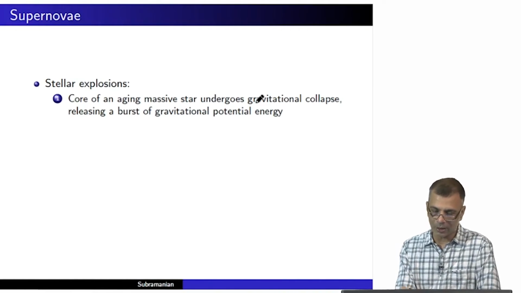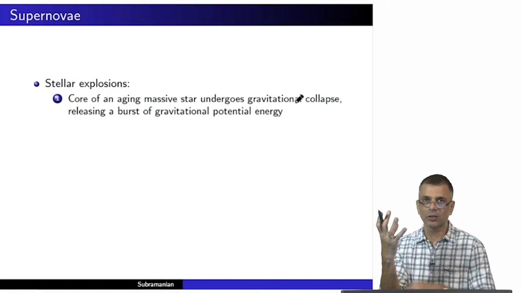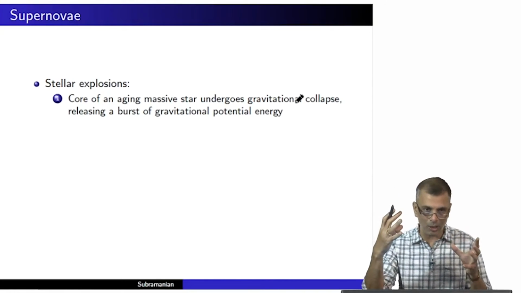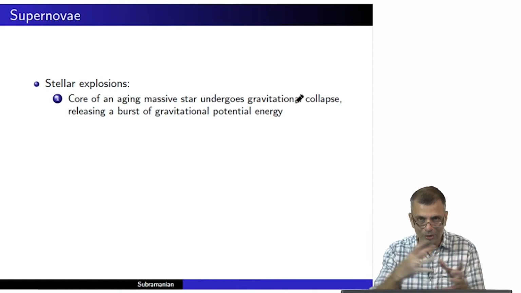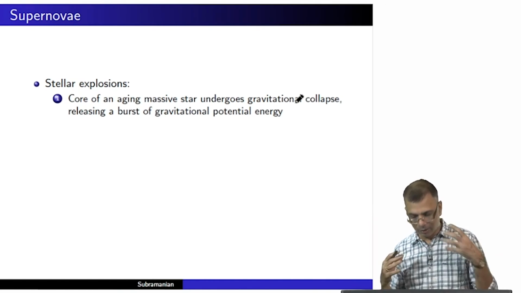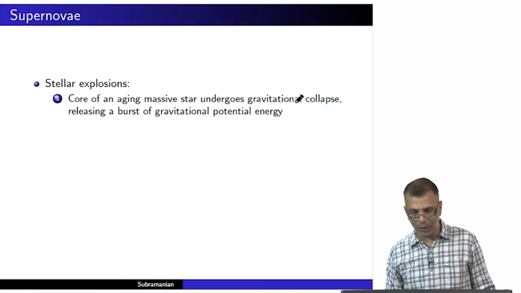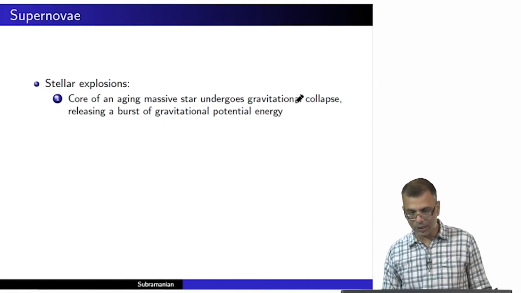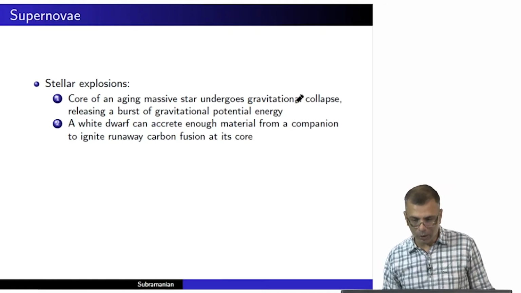So the star undergoes gravitational collapse. The core cannot resist gravitational collapse, and it collapses. And in the process of collapse, it releases a burst of gravitational potential energy. Okay, and in what way?